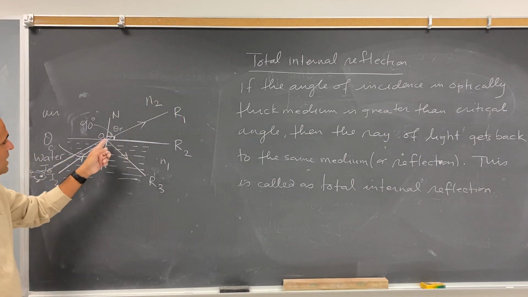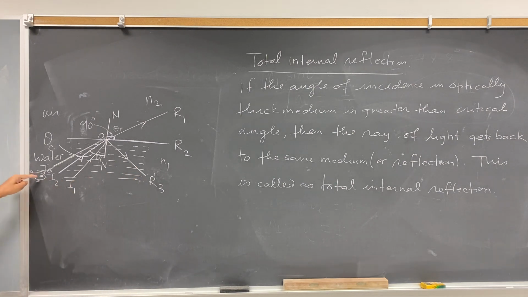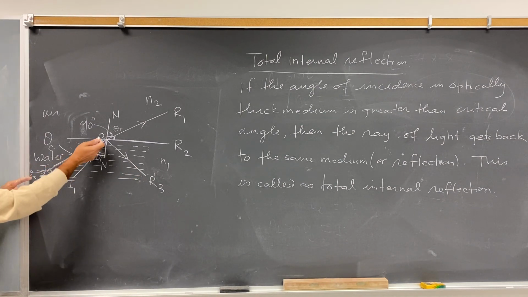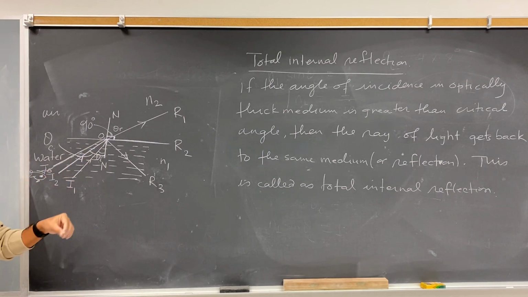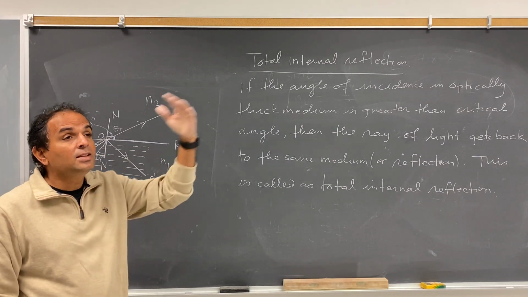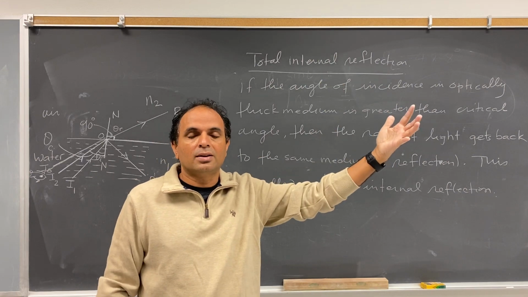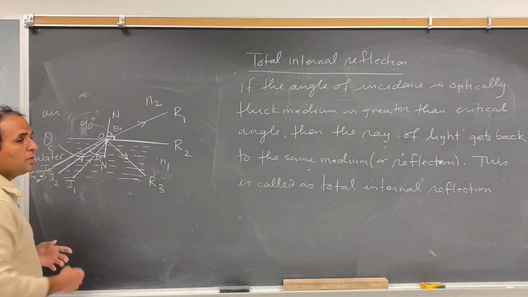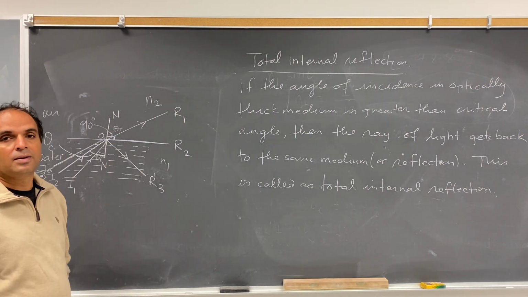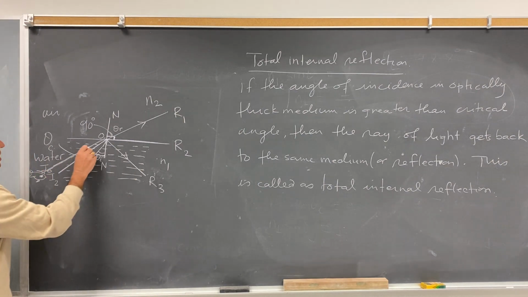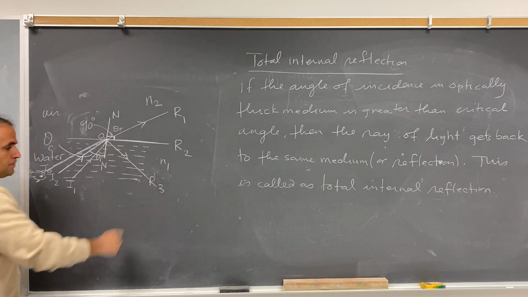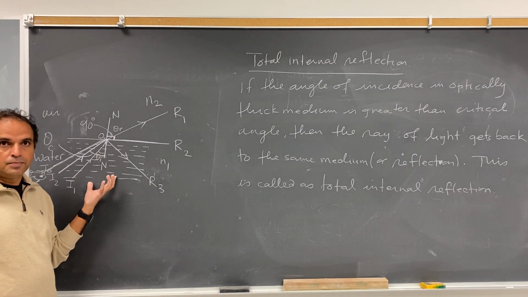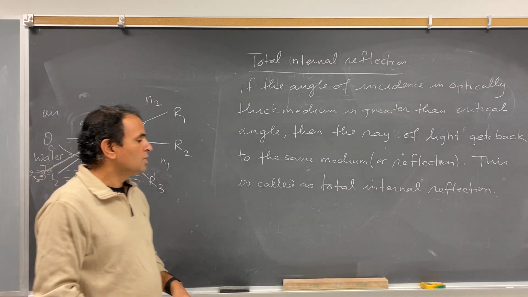No, because the light reflects. The fish cannot see the environment outside the water. The fish can see the bottom of the pond, because this ray goes here and reflects back. This is what we call total internal reflection.